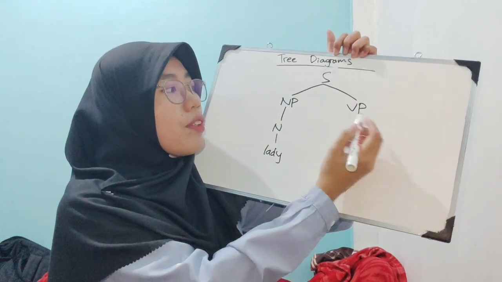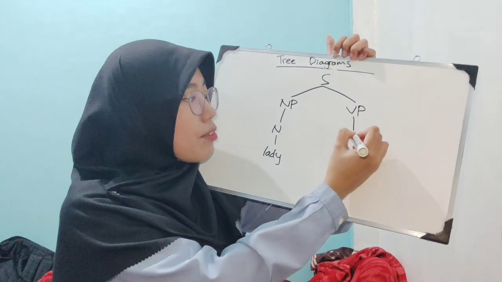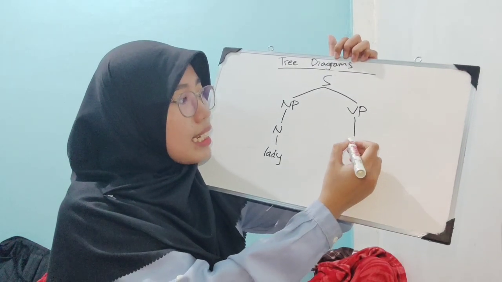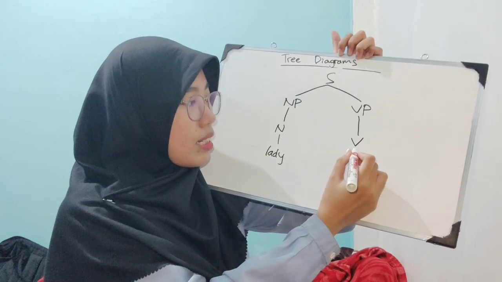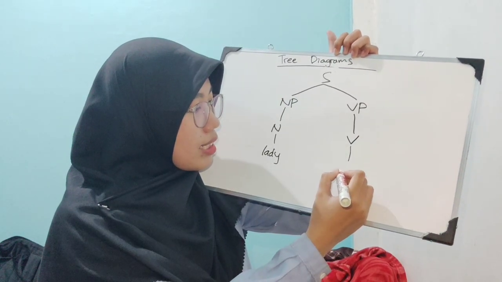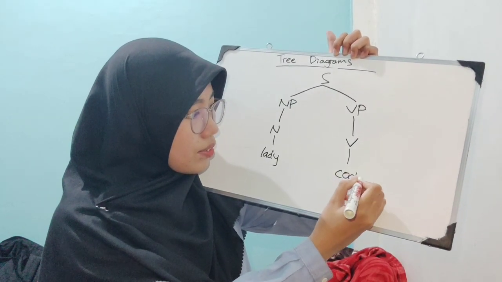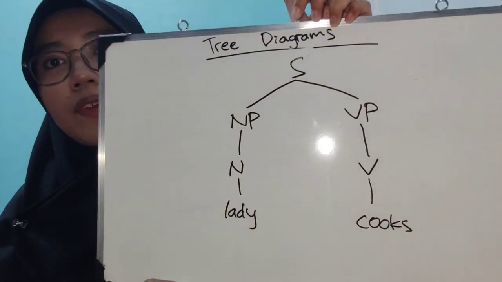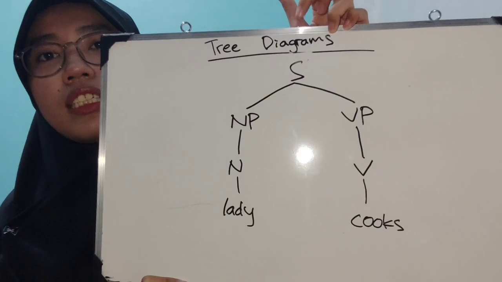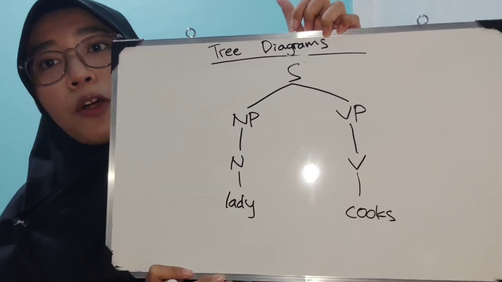And then the verb phrase, like what I said before, must have a verb. The verb that I choose is cooks. With this we already have a sentence, that is: lady cooks.